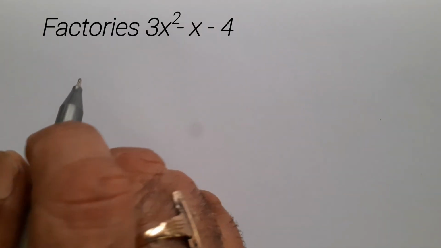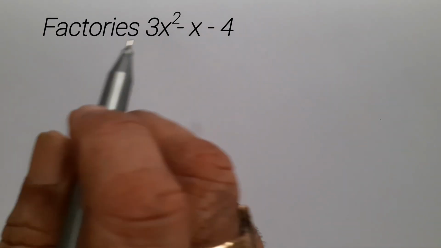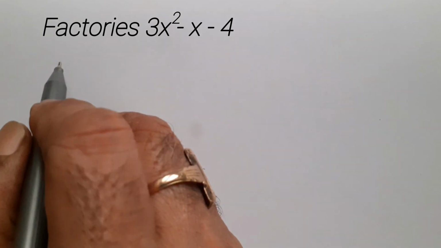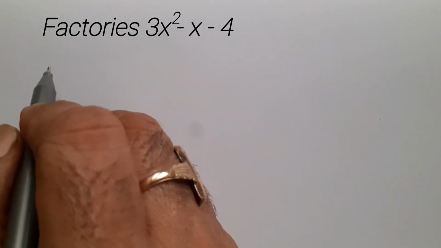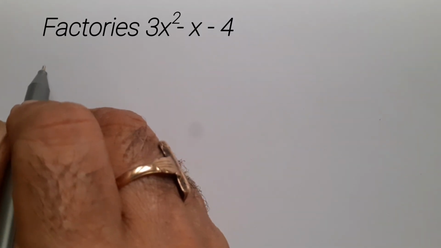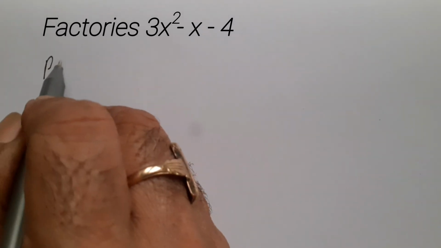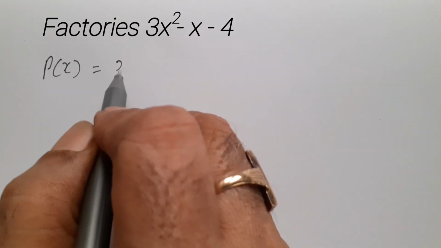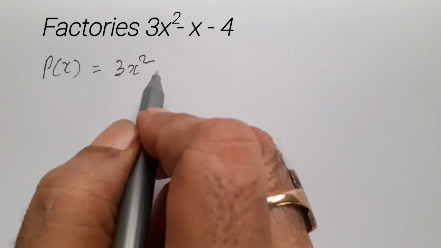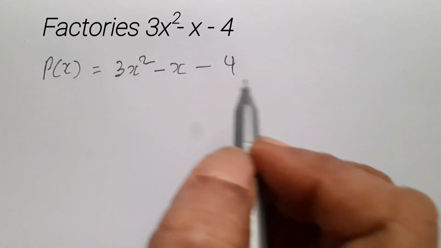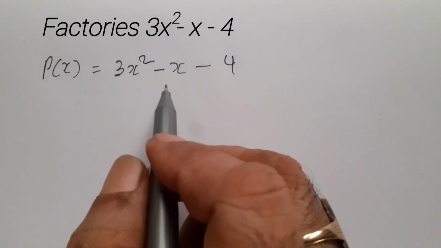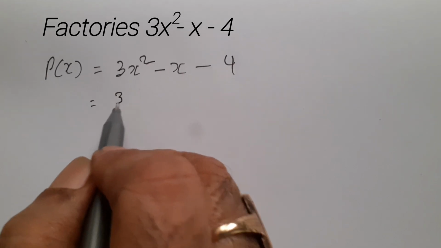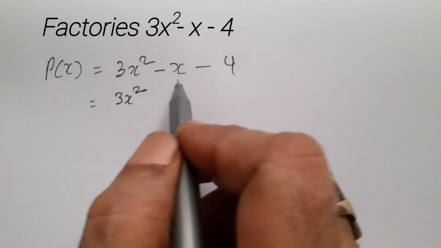Now factorize 3x square minus x minus 4. The given polynomial p(x) equal to 3x square minus x minus 4. Here the middle term we can split into two parts. 3x square, this we can write minus 4x plus 3x, so minus 4x plus 3x is minus x.